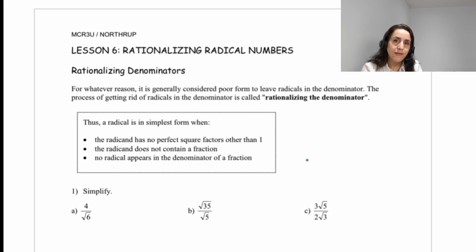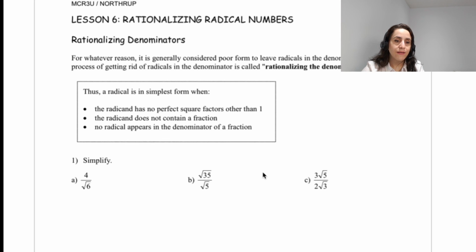In some cases in the future, you may need to rationalize your numerator as well. But here we are going to work just on the denominator. Rationalizing numerator or denominator, both use the same method.